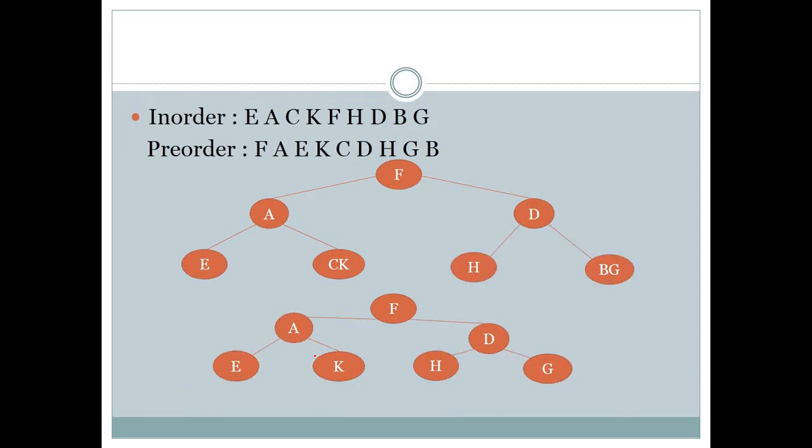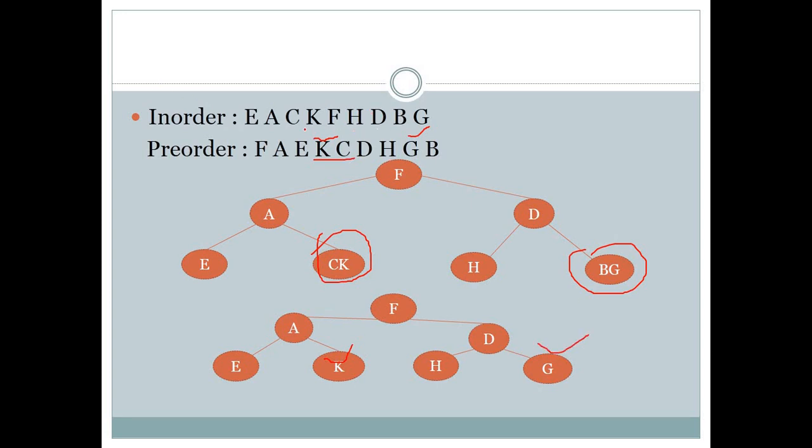After it, if we check C and K, K is at the first position than C, so K will become the root node. Also for B and G, G is at the first priority, so G will become the root node.